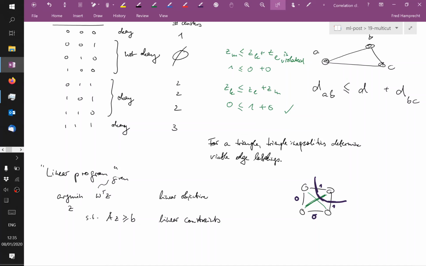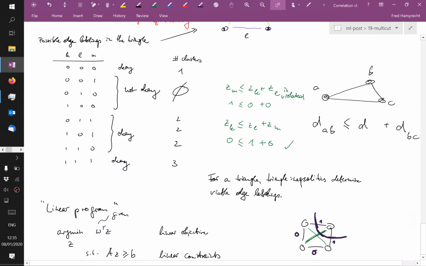That is correct. And I think we can say precisely one more. Yeah. Because this is also something from which we can see that cutting one edge is not okay.